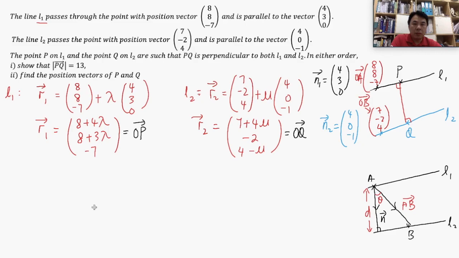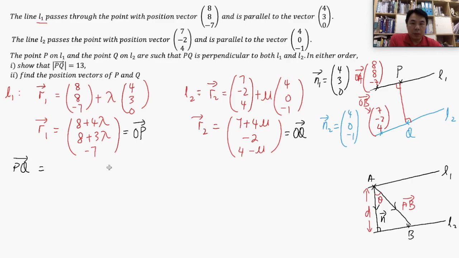And then we know that PQ is perpendicular to both the direction vector of L1 and the direction vector of L2. So first of all, let's work out the position vector for PQ.